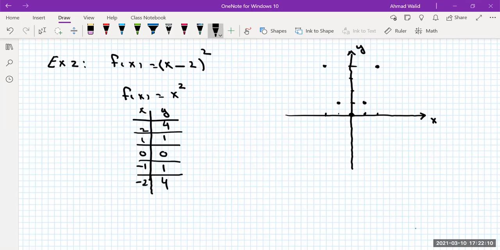Correct? The graph will be a parabola like this.